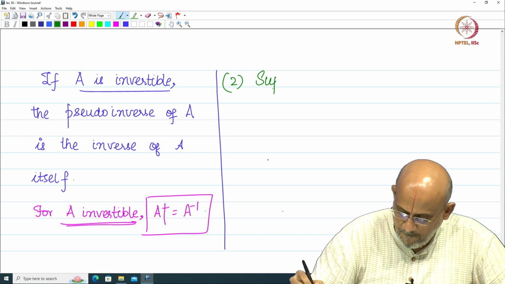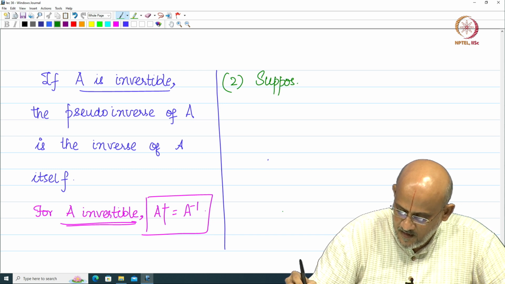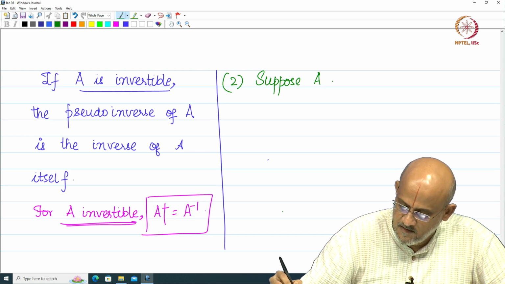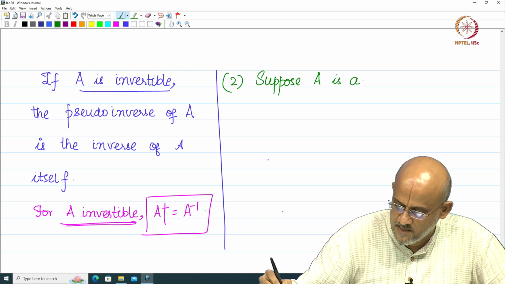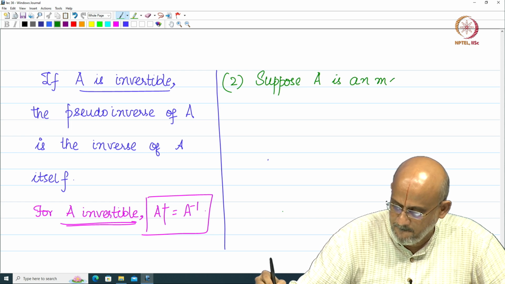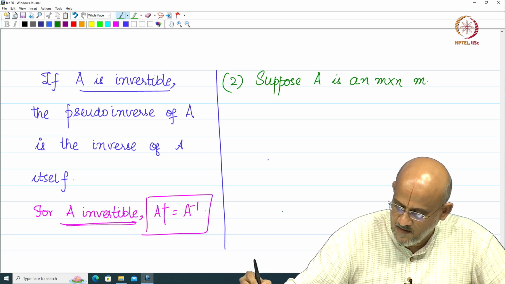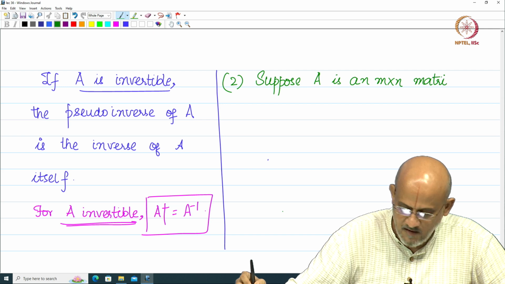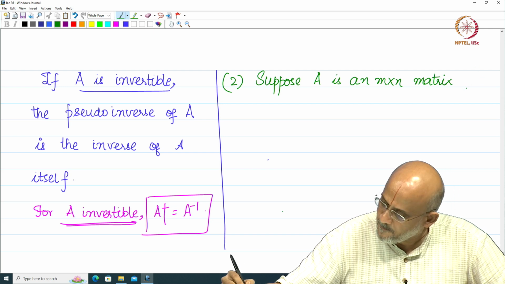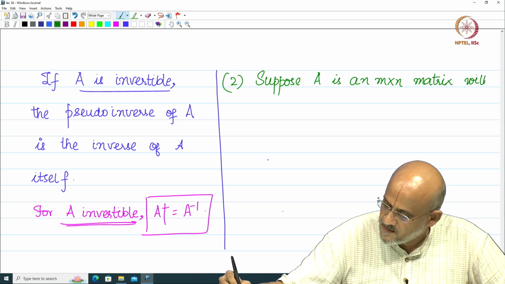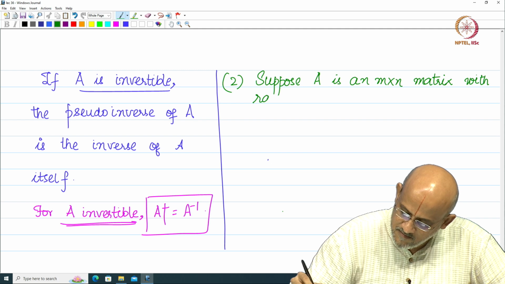Suppose A is an m by n matrix with rank of A equal to n.